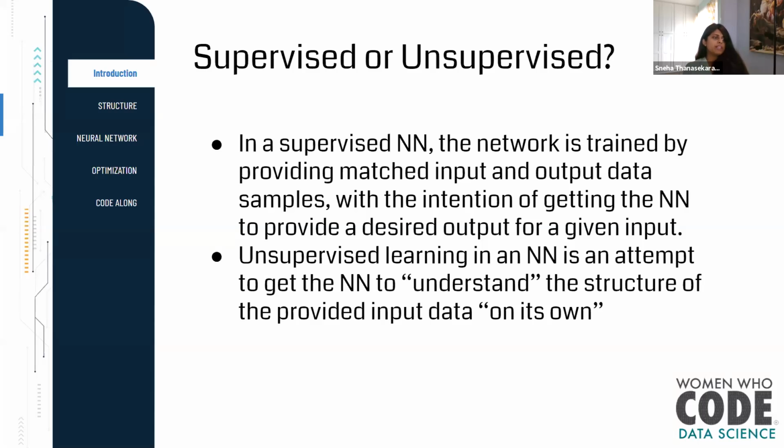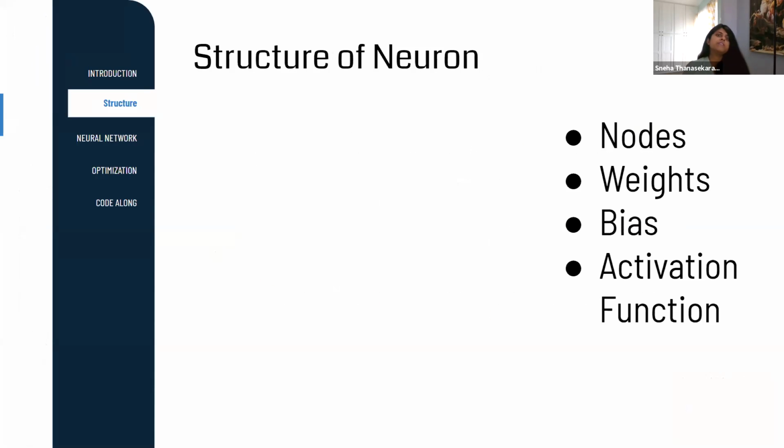In unsupervised learning, there is an attempt to get the neural network to understand the structure of the provided input data on its own. This is applied in topic generation in text data and classifying images most of the time. So yes, it can be a supervised or unsupervised machine learning model based on the use case.